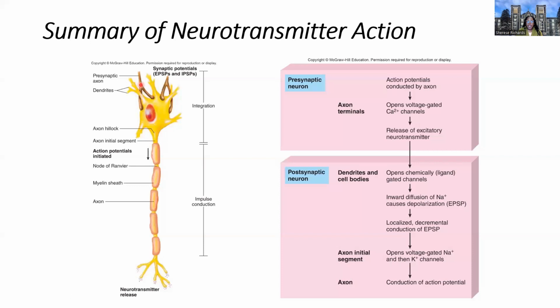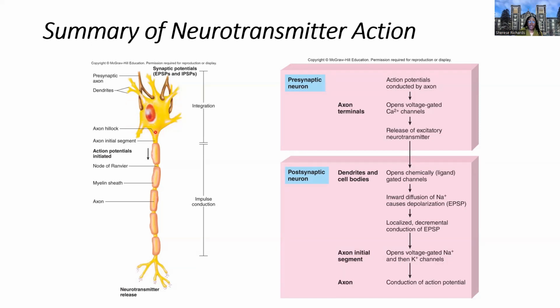Remember, the graded potentials here are arriving as a result of the synaptic transmission, the details that we looked at with the calcium channels opening up, which is happening here on the axon terminal, the release of a neurotransmitter, and then the neurotransmitter crossing the cleft. Although we can't really see it in this more zoomed out view, there's a cleft where the neurotransmitter crosses and binds onto receptors on the cell body of the postsynaptic neuron.